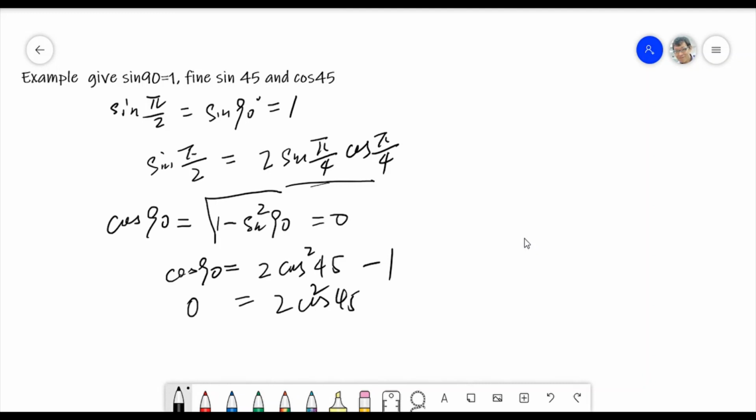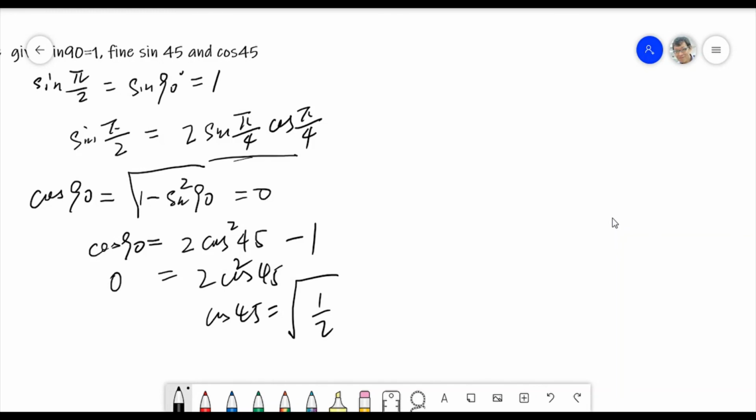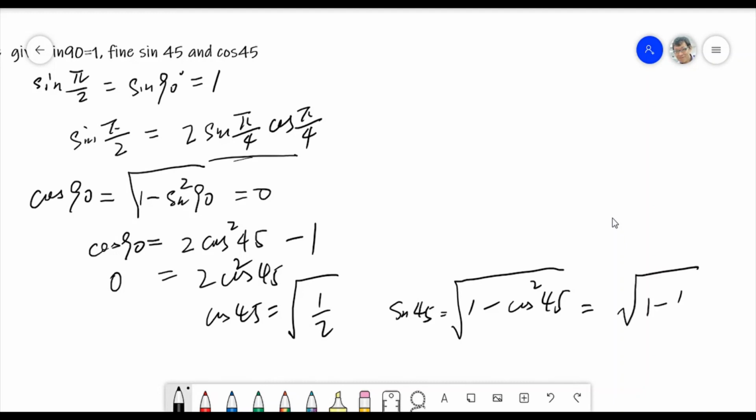Then move the 1, so cosine 45 is equal to the square root of 1/2, right? Since you know cosine 45, definitely you know the sine, right? Sine 45 equals the square root of 1 minus cosine squared 45. So this is 1 minus 1/2, the square root of 1/2, right?